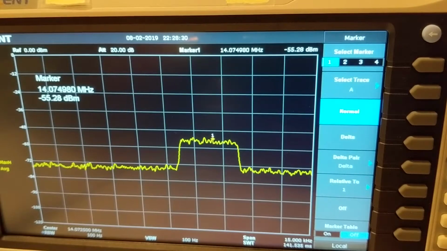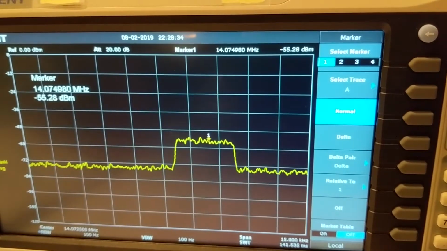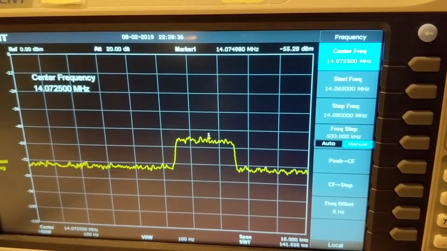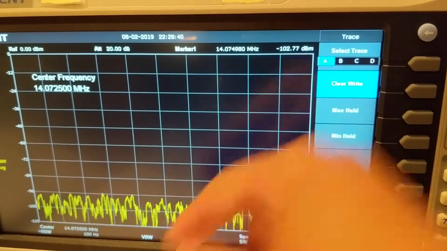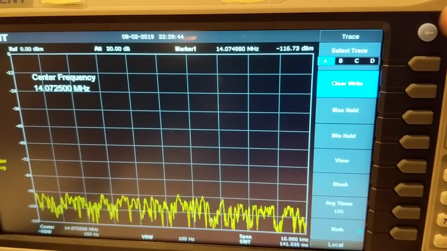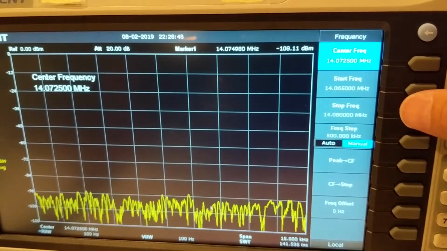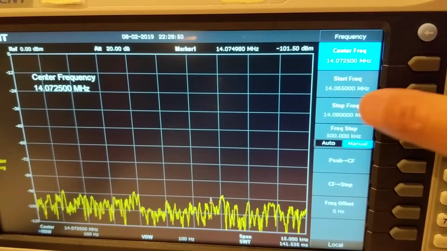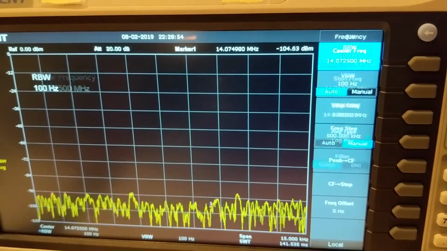Let's see what I get. My lower frequency, actually I need to set to 7.4. Yeah, this is pretty good.